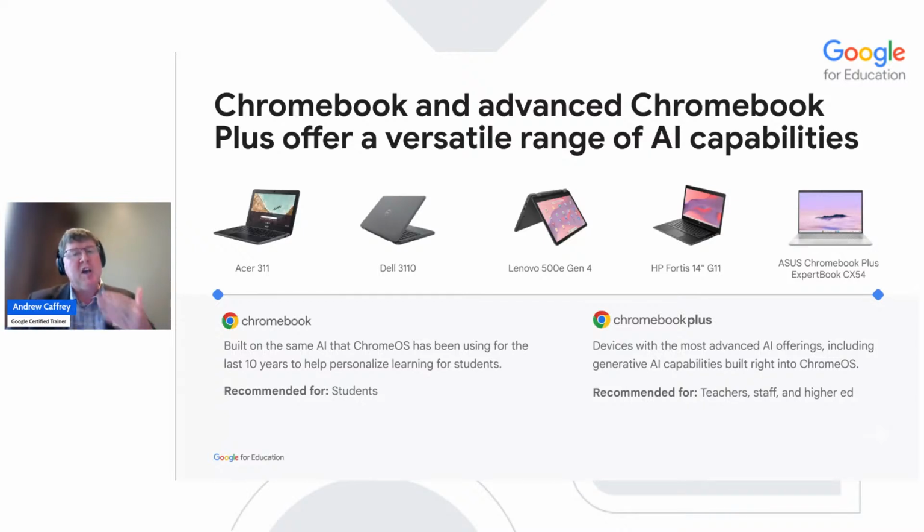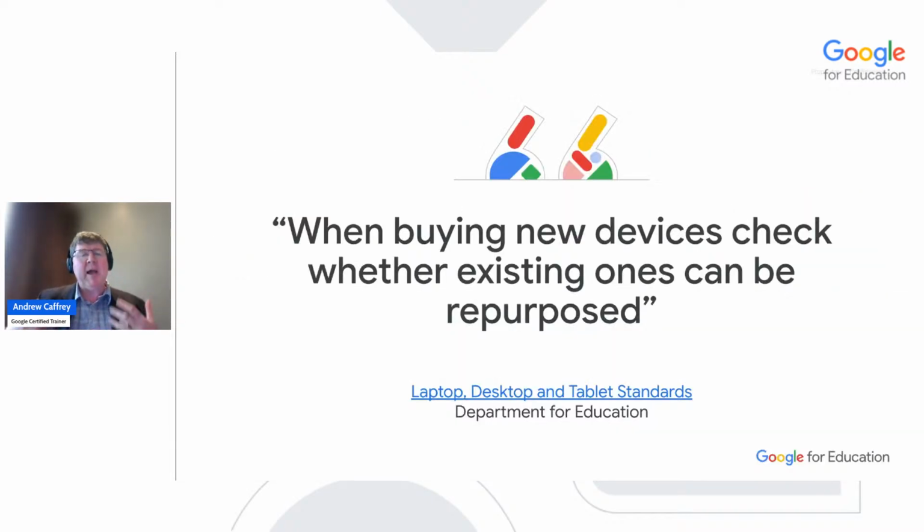Now, what we talked about so far is Chromebooks, as in going out and making a purchase and getting some new Chromebooks. But there's an alternative option that's available and very popular in education. And that is thinking about repurposing existing devices. The Department for Education standards require you to look at whether existing devices can be repurposed before you make a purchase of new devices.